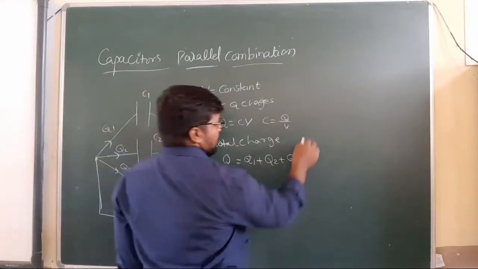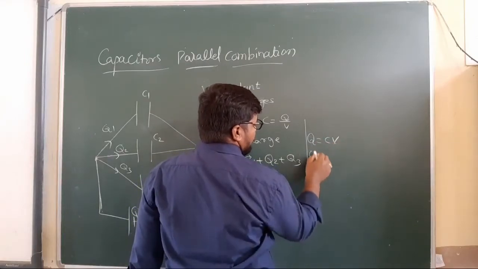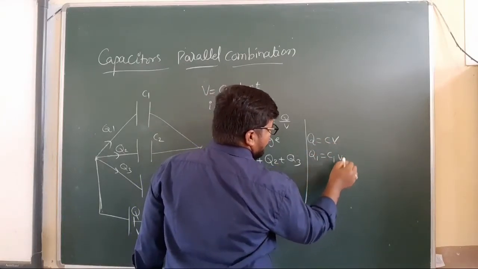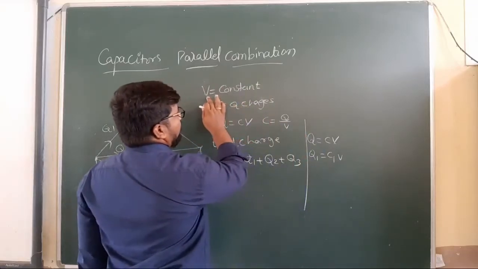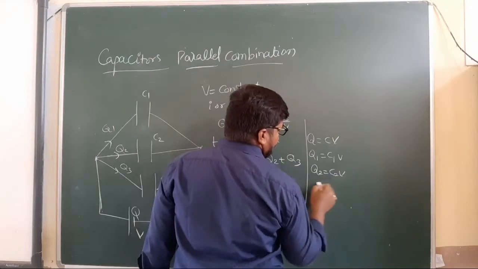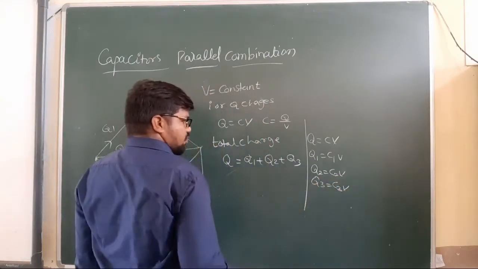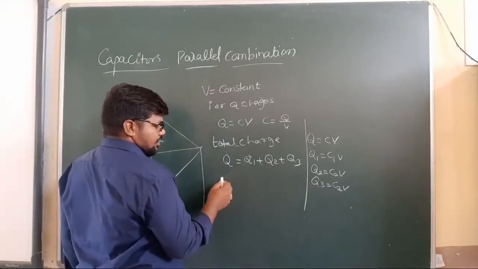So we know that Q is equal to CV and Q1 is equal to C1V, because V is constant. Q2 is equal to C2V, Q3 is equal to C3V. So we are substituting these values in this case.